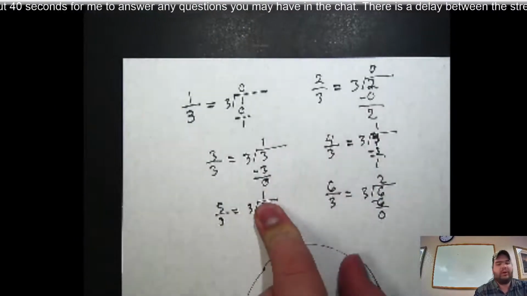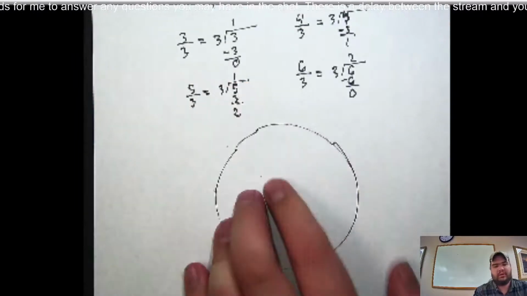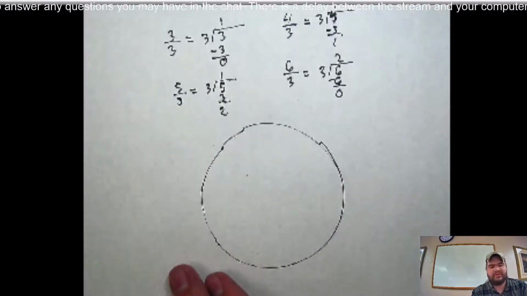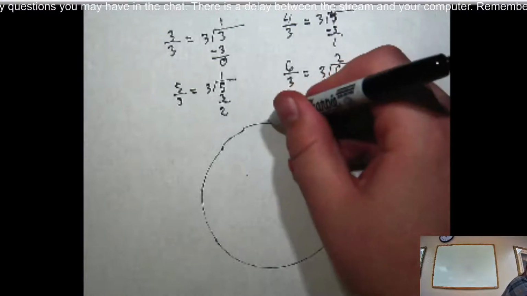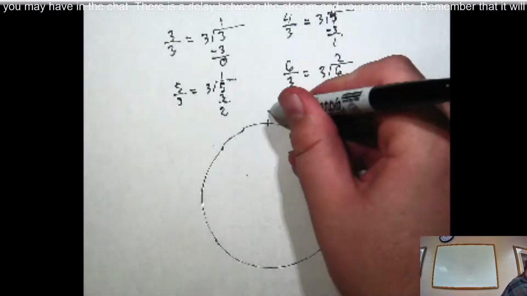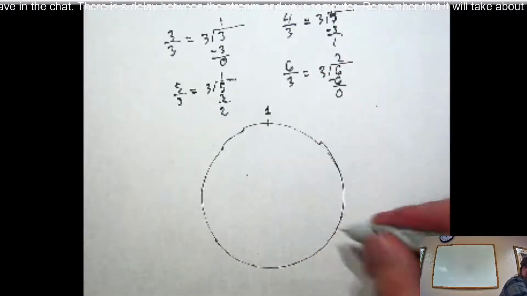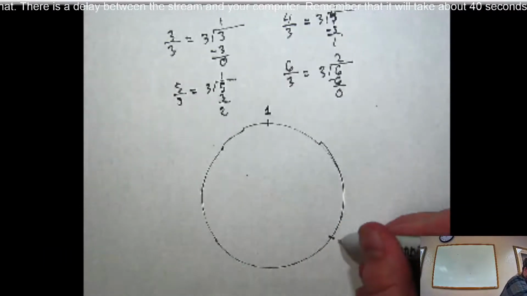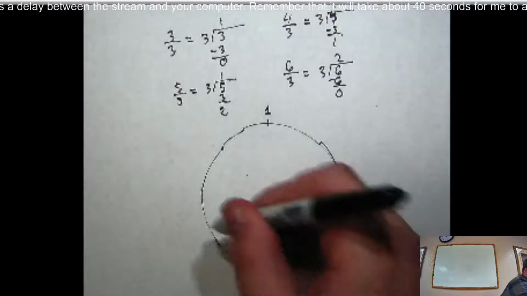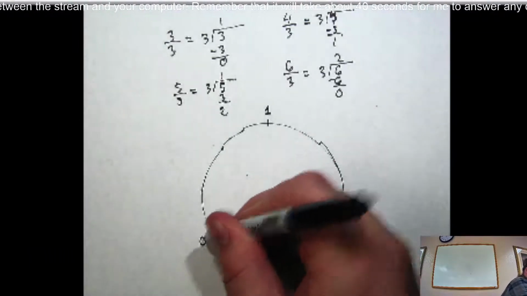Let's see, there's 3 positions here, 1, 2, and 0 for our remainders. So we need to split this up into thirds. So we'll say 1 is the first position, 2 is the second position, and 0 is the third position.